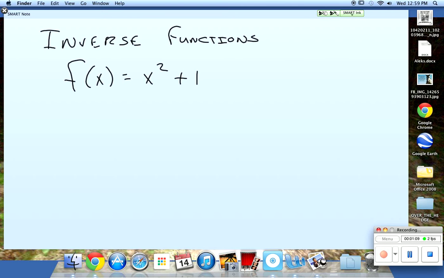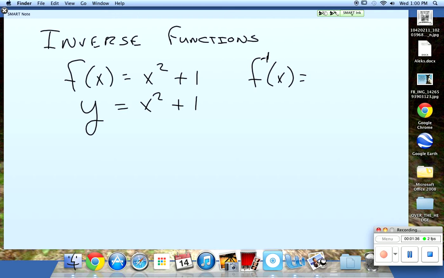And if I want to find the inverse function of this, the inverse function, by the way, looks like this, with a negative 1 on it. F to the negative 1 of x. That's the inverse function. If we're going to find the inverse function, we're going to make f of x equal to y.